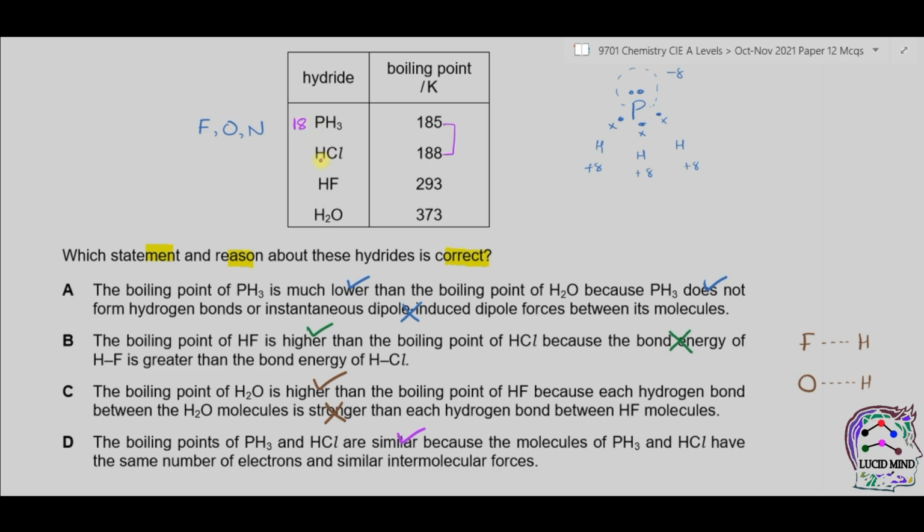In HCl, the atomic number of hydrogen is 1. For chlorine it is 17, so 17 plus 1 we have 18 electrons present. So we have the same electron system, and hydrogen is partial positive and chlorine is partial negative. As the intermolecular forces are similar, the boiling point is almost the same. Correct answer is therefore part D.